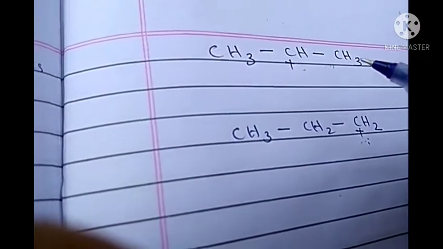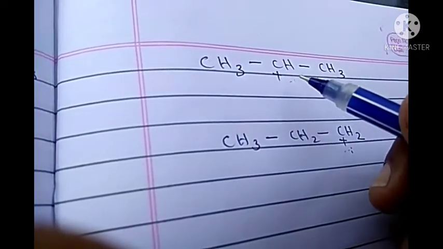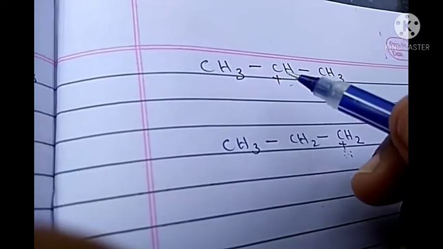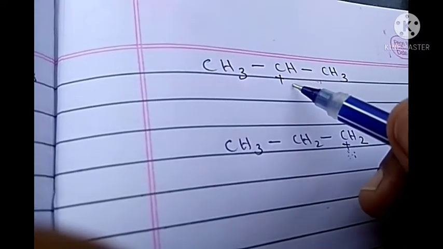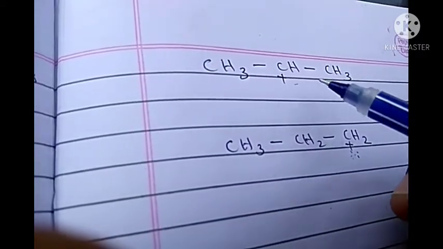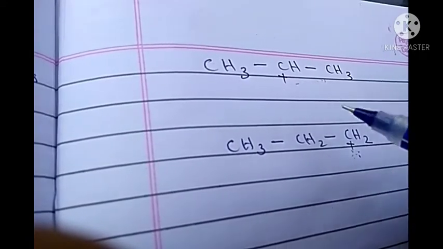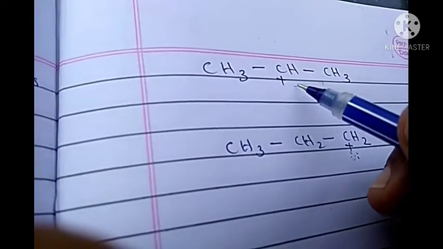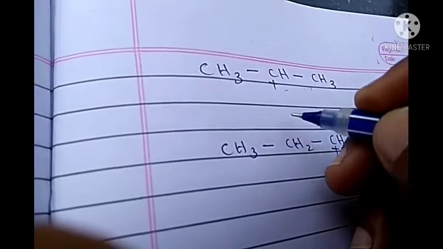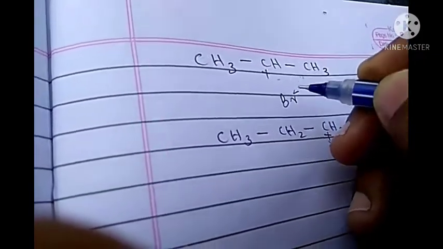I am telling once again, the secondary carbocation is more stable than the primary carbocation, and as a result it will be formed in more amount than the primary carbocation. So the nucleophile Br- attacks this carbocation very fast.